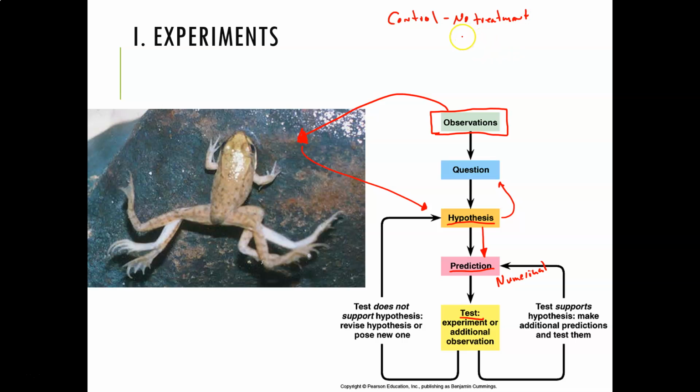In many cases, a control group does receive what's called a placebo, which is kind of like a false treatment. Let's say you're testing some new medication that's going to lower cholesterol. Well, the control group, the placebo, receives some sort of inert substance. And when I say inert, that would be a chemical that does not react in the body, so it would just break down and do nothing to the body.